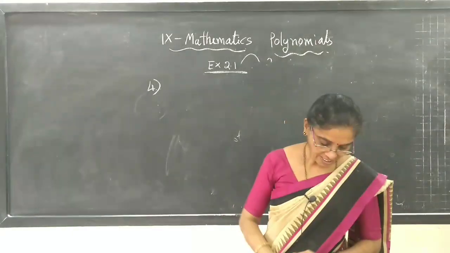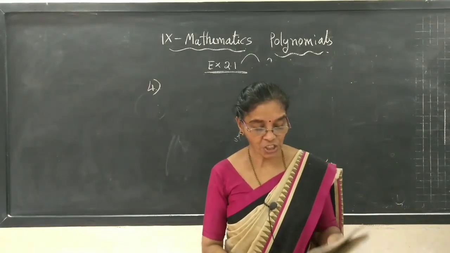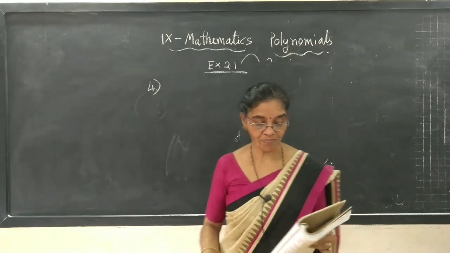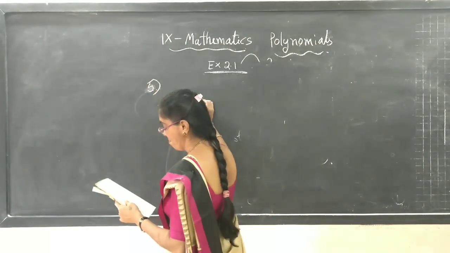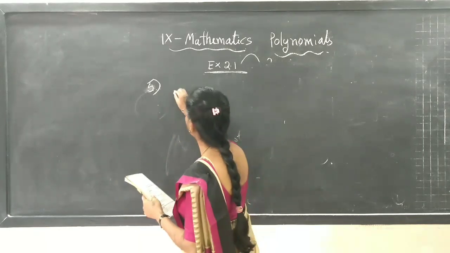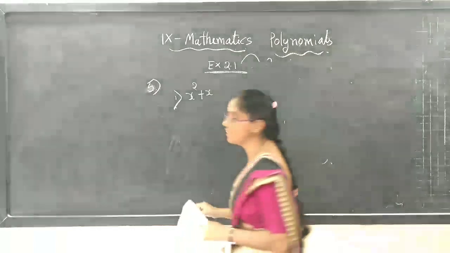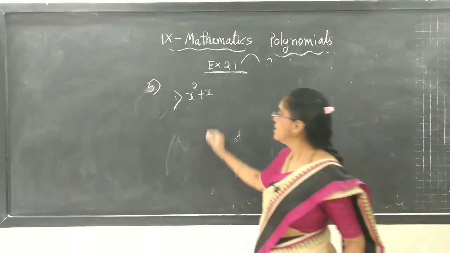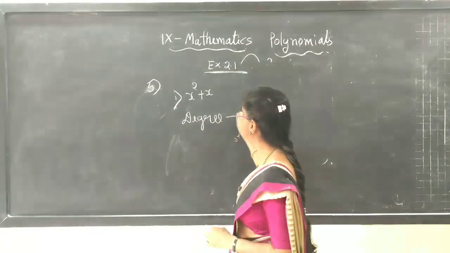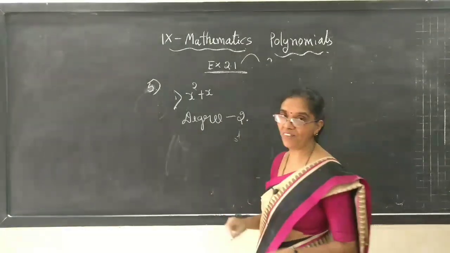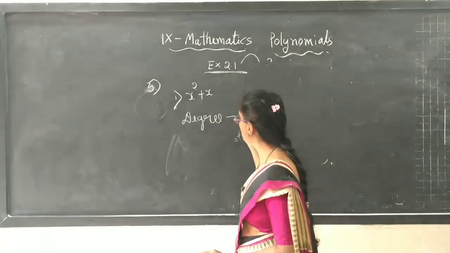And lastly, classify the following as linear, quadratic and cubic polynomials. Fifth one, x square plus x. What is the degree of the polynomial? Here the degree is the highest power. Highest power is how much? 2. So if the highest power is 2, the degree is 2.